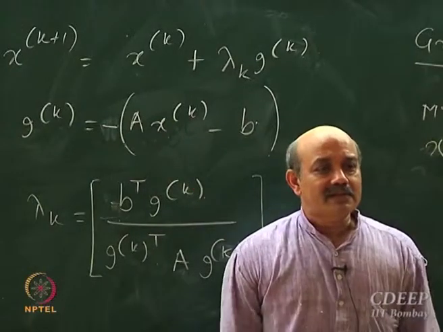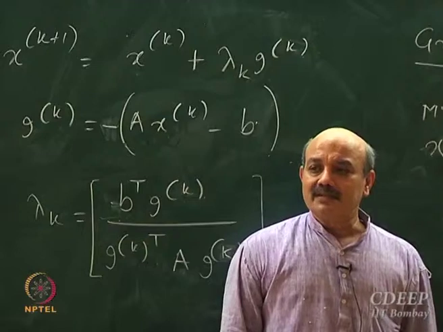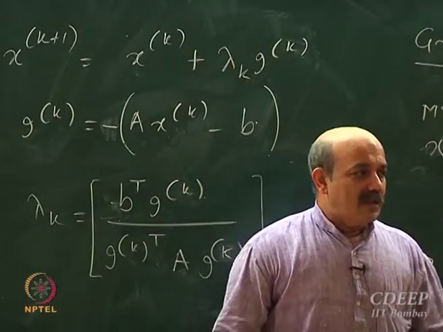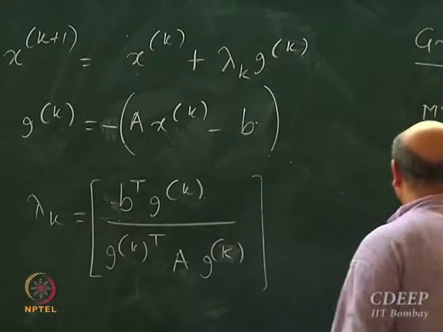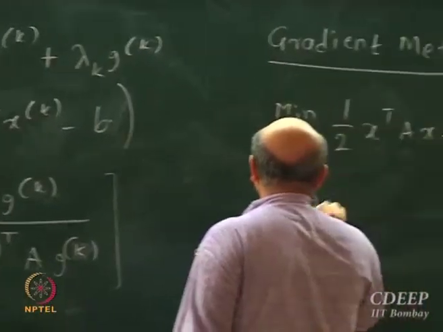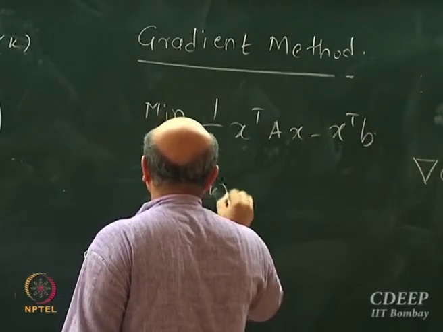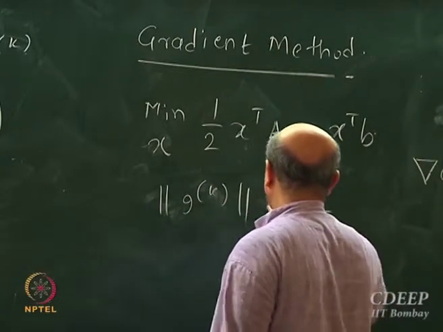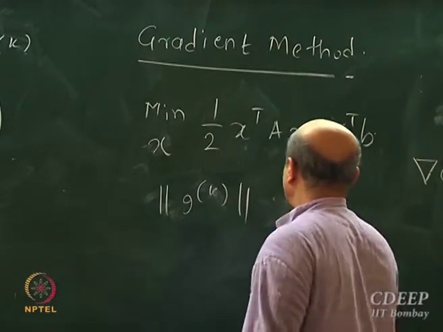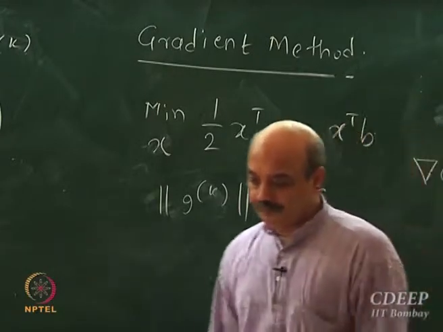When will you terminate the iterations? When gk is very small, right? So I could terminate the iterations by saying norm gk is less than some epsilon. Norm gk is very small.